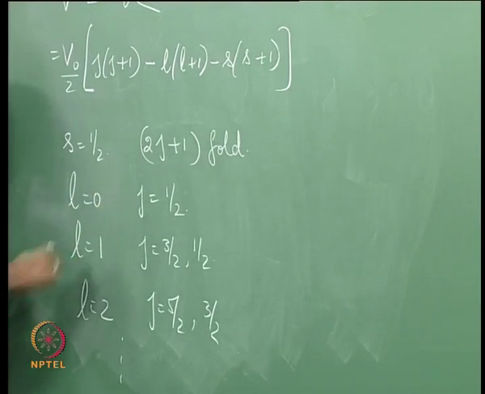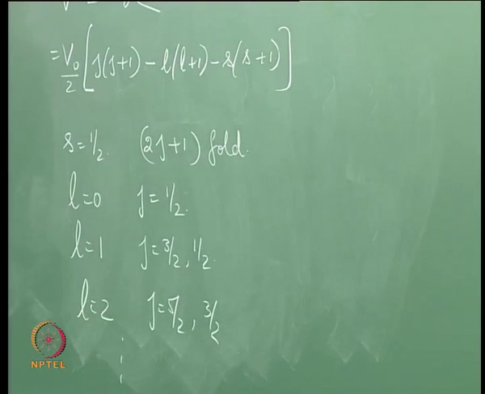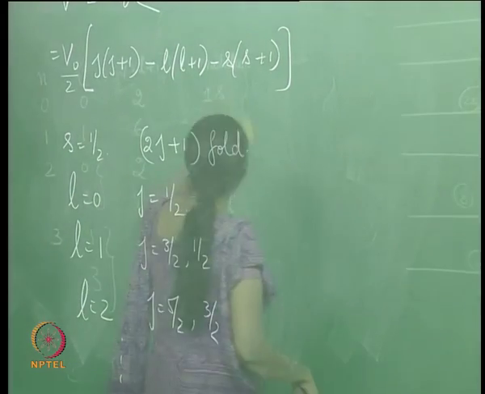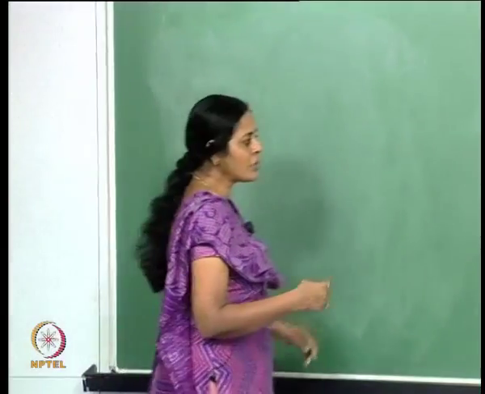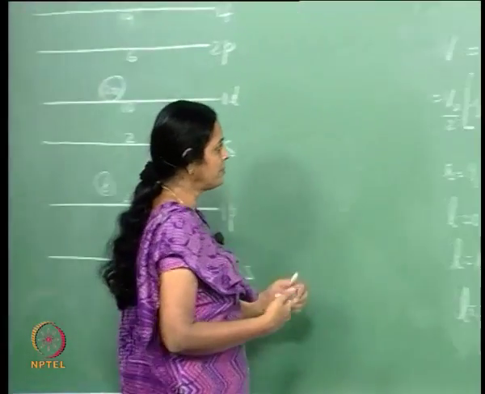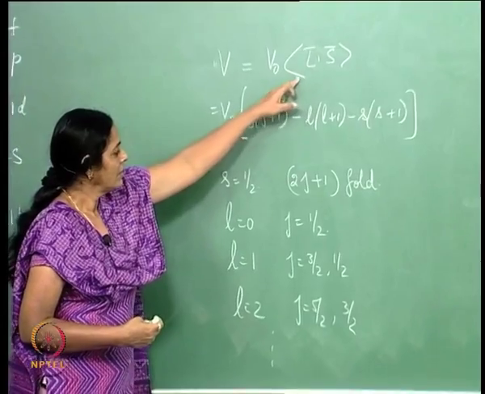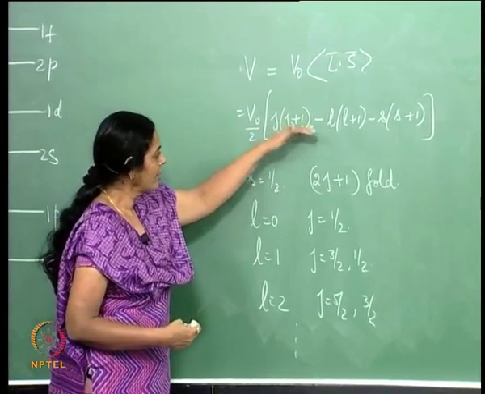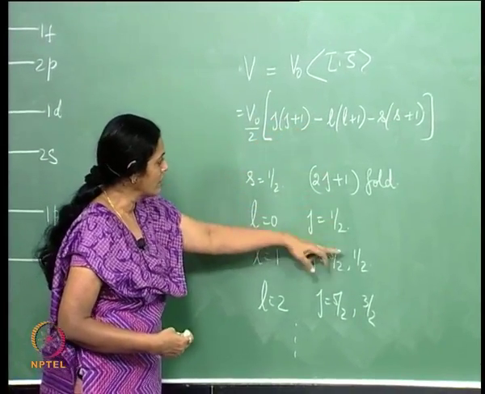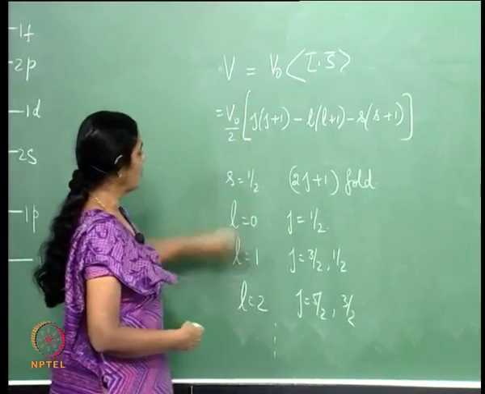The good quantum number is J, and everything is translated in terms of J. So let's see what happens now. Because we have put in the spin orbit coupling here, things are written in terms of J. The notation is in terms of J, and this is going to be the value of the potential.